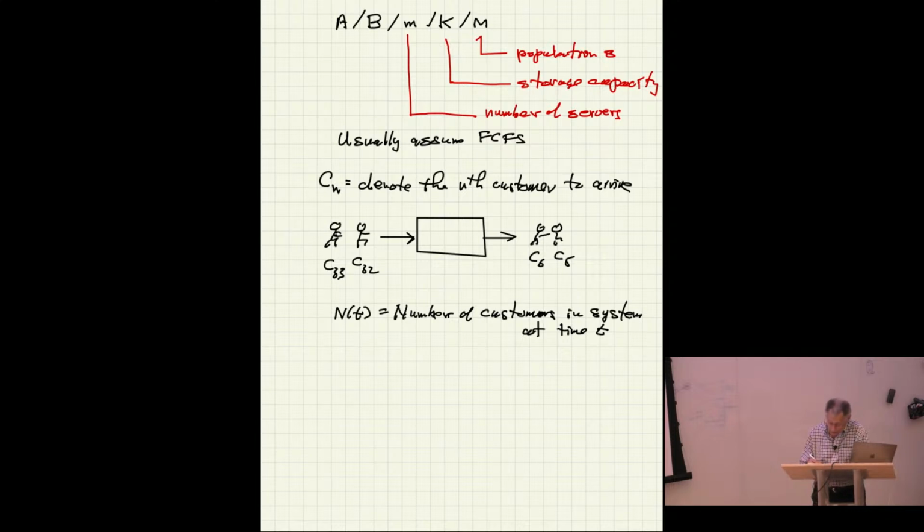Similarly, I'm going to define something unusual now. I was going to call it U of t. U doesn't stand for the word unusual, by the way. It stands for something called the unfinished work in the system at time t.